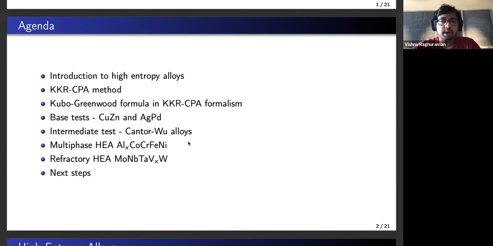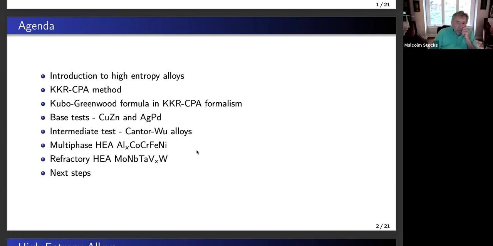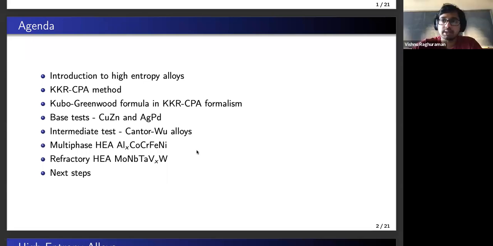Then we're going to apply it to the multi-phase high entropy alloy system aluminum, cobalt, chromium, iron, nickel. At low aluminum concentrations this is FCC, at high aluminum concentrations it is BCC, and at intermediate concentrations it's a mixed FCC plus BCC phase. That has some interesting effects on the conductivity, and we're going to compare that to experiment.